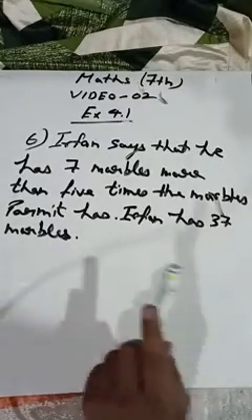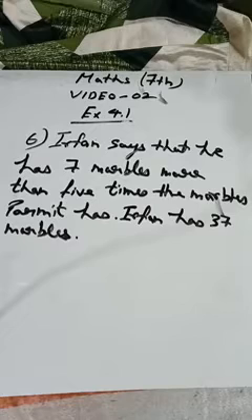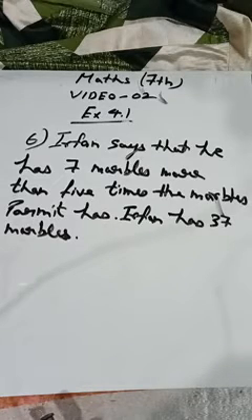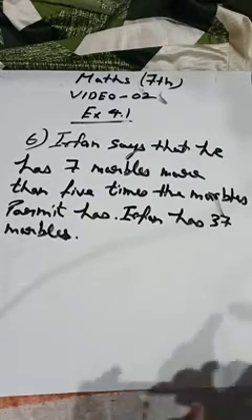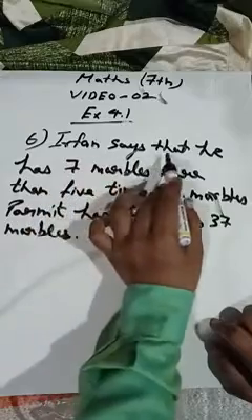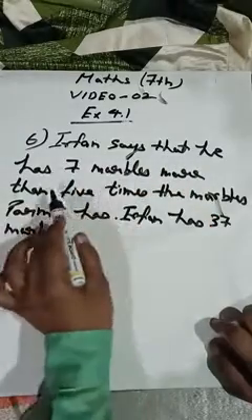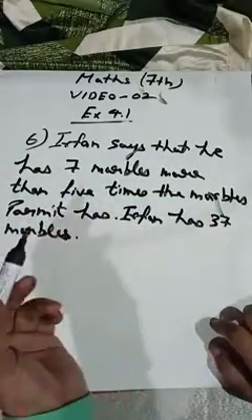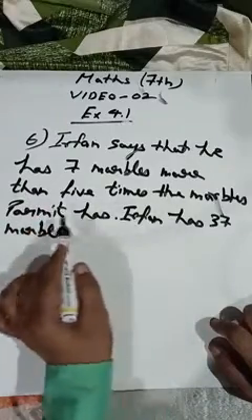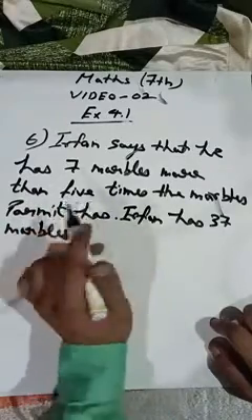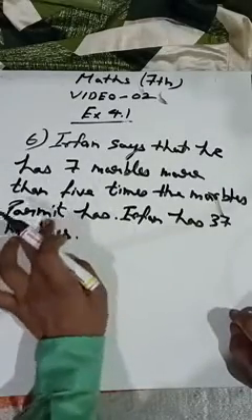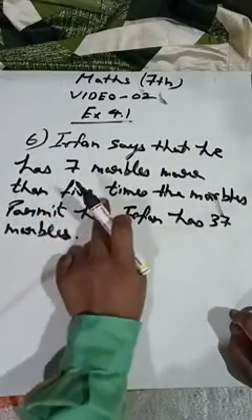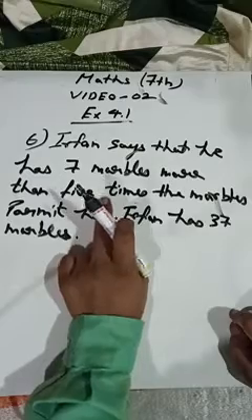Irfan has 37 marbles. It is given in the question to take m to be the number of Parmeet's marbles. See, Irfan says that he has 7 marbles more than 5 times the marbles Parmeet has. It means 5 times the marbles that Parmeet has, that we have to take.